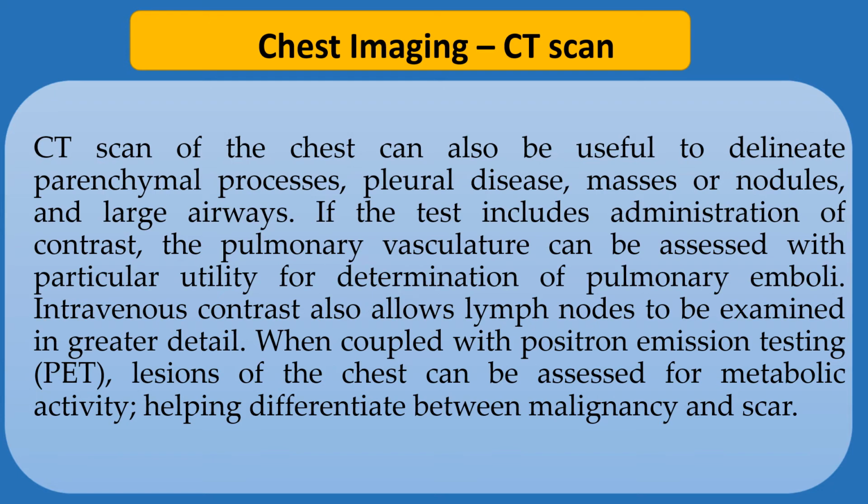Intravenous contrast also allows lymph nodes to be examined in greater detail. When coupled with positron emission testing, PET, lesions of the chest can be assessed for metabolic activity, helping differentiate between malignancy and scar.